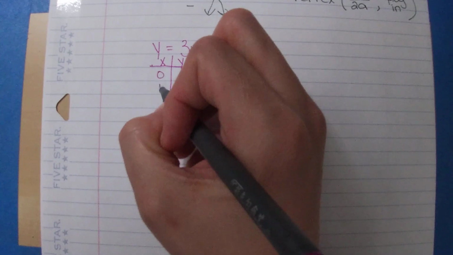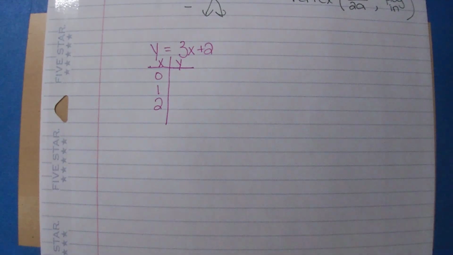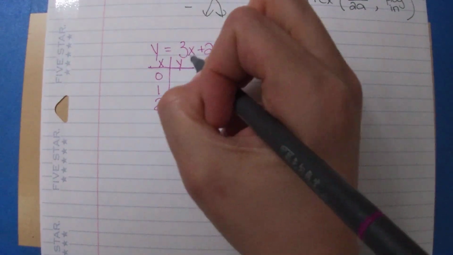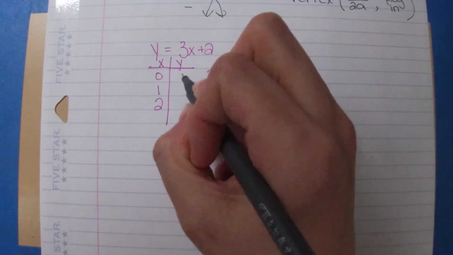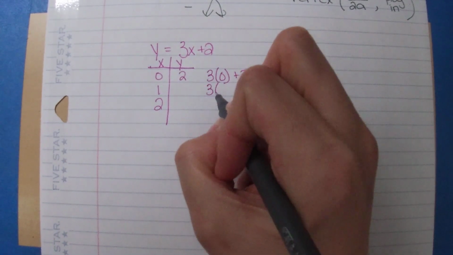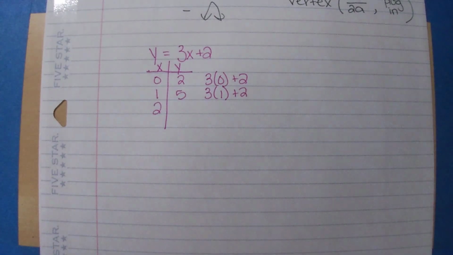Maybe I pick -1, 0 and 1, or 0, 1, 2, or 1, 2, and 3. They just have to be numbers that fit on the graph. We would then plug it in: 3 times 0 plus 2, 3 times 1 plus 2. Once we did all that, we'd get ordered pairs that we could plot.